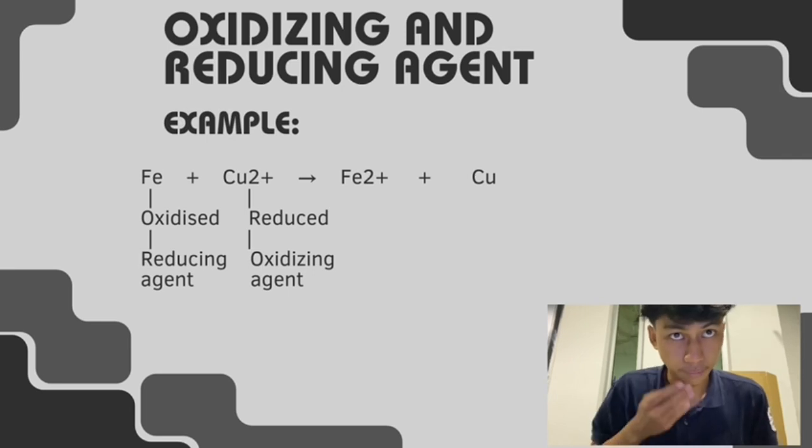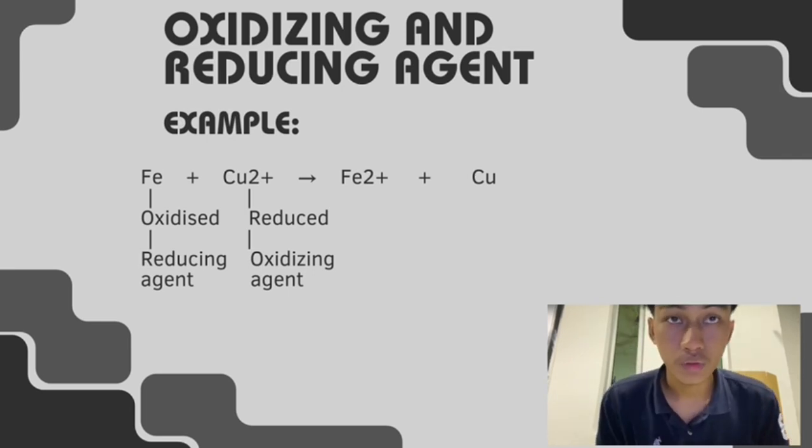For example, on the left side we have Fe plus Cu2+, and on the right side we have Fe2+ plus Cu. So in this redox reaction, Fe loses electrons and becomes Fe2+.